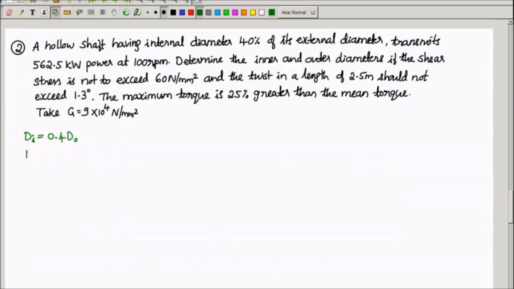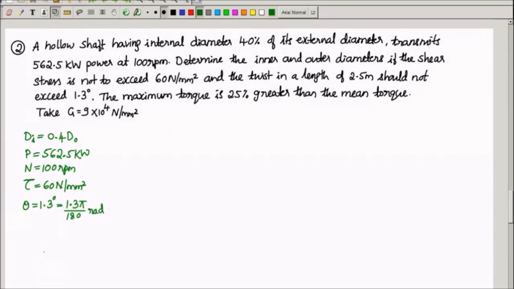Power to be transmitted is P, 562.5 kilowatt, and speed N is 100 rpm. Maximum shear stress is limited to 60 Newton per mm square, and angle of twist is limited to 1.3 degree, or 1.3 into pi divided by 180 radian.